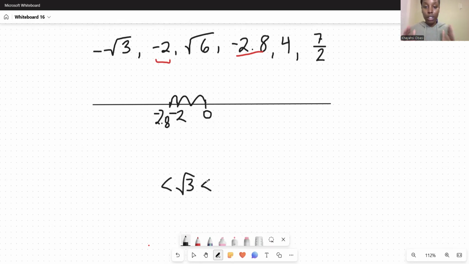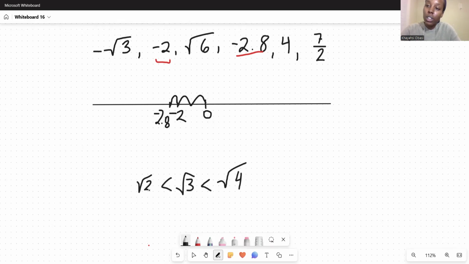The set of real numbers is dense, so there are always numbers in between numbers. So the square root of 3 is in between two numbers. Since 3 is bigger than 2, we can say that the square root of 3 is bigger than the square root of 2. And since 3 is less than 4, we can say the square root of 3 is less than the square root of 4.